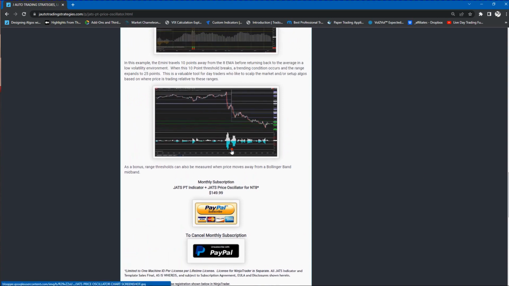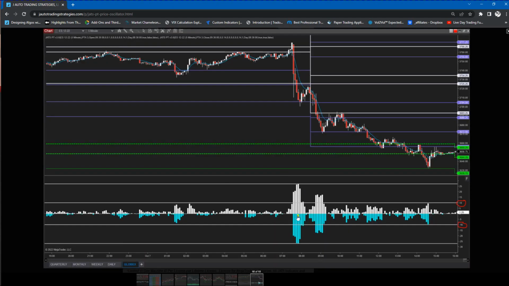It comes with the price oscillator also. So you can set up the price oscillator to measure the points away from an EMA. So in this example, like the 8 EMA, price was going to the 10 point level, so staying within 10 points. If it went outside the 8 EMA, then it would hit your, I think I had that at 26.50 or something like that.